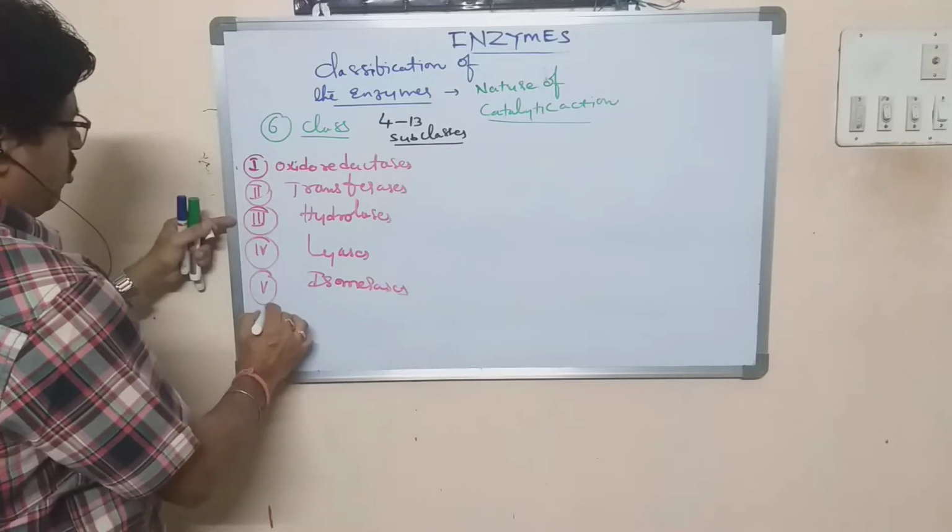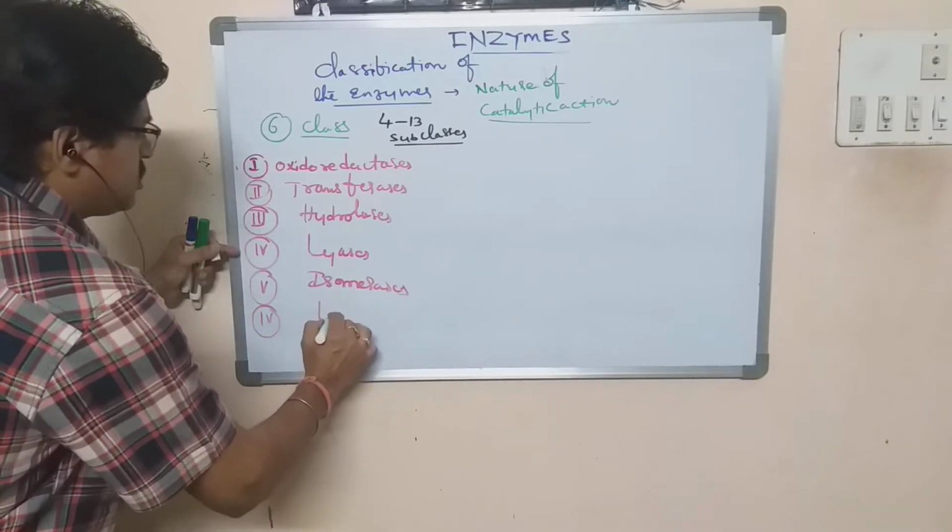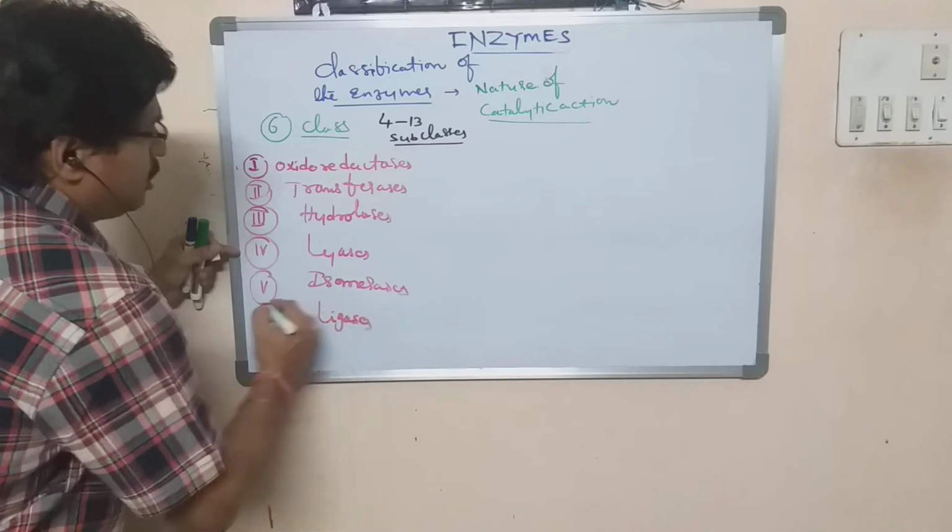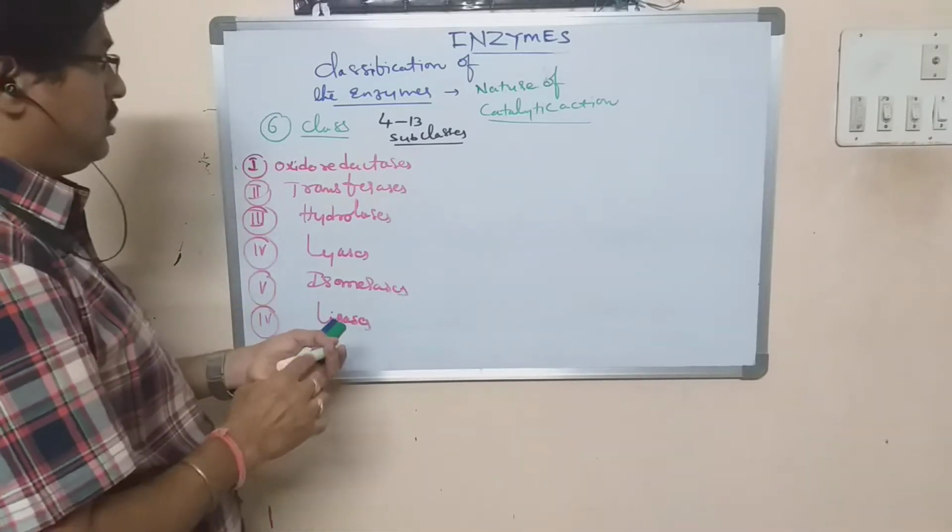And the sixth one is called ligases. So these are the 6 varieties of classes.